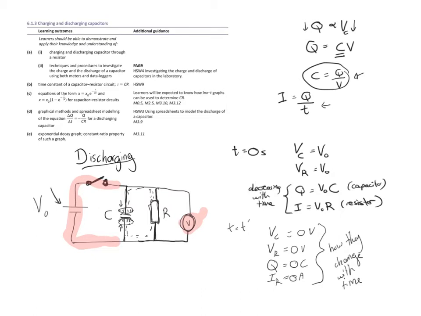Now, what are the equations that you should be aware of regarding this? In the actual books, you're given, I'm going to show you from the exam board, equations in the form x is equal to x naught e to the minus t over CR. In other words, you will be given this in the formula booklet.